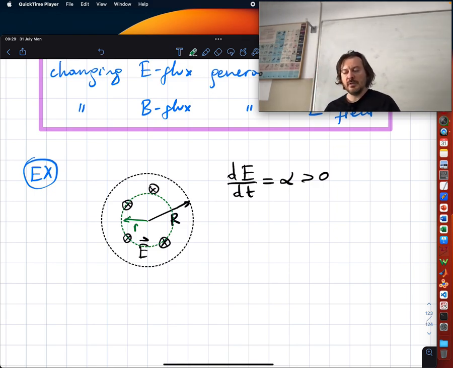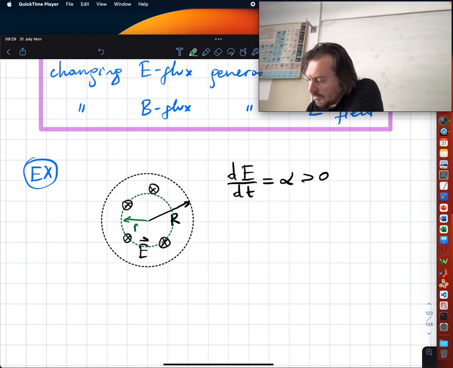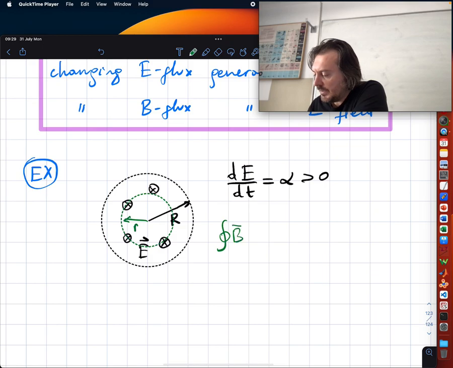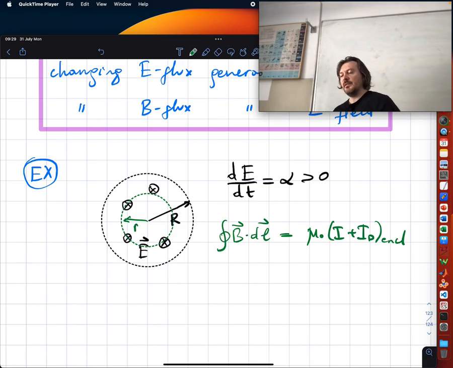So let's start with the inside. For inside, you can write down Ampere's law, but Maxwell's corrected version of it. Integral B dot dl inside must be equal to mu 0 times I plus I_D enclosed. So what is I enclosed in this case? I displacement.